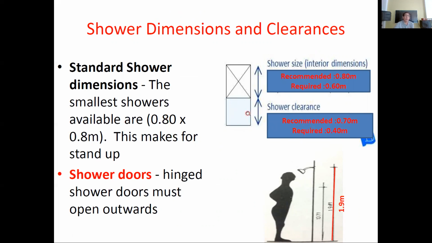The shower door is hinged, or sometimes sliding. The average height of a shower is about 1.9 meters, which is less than the height of a door. A door is about 2.1. Sometimes it's 1.3 in cases where this is a shower for children.